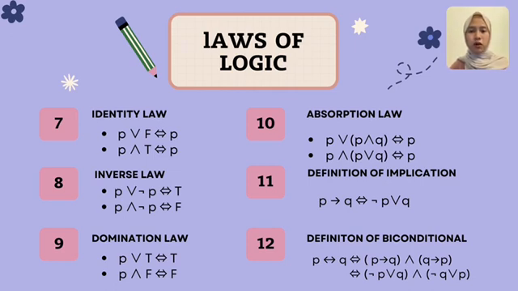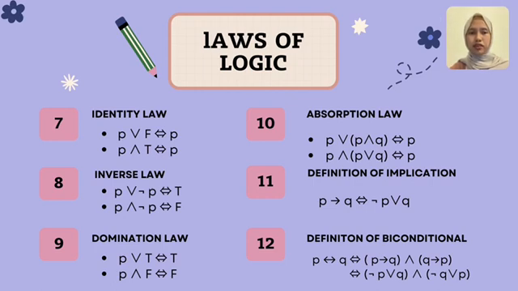Nine, domination law. P or true is equivalent to true. P and false is equivalent to false. Ten, absorption law. P or P and Q is equivalent to P. P and P or Q is equivalent to P. Eleven, definition of implication.